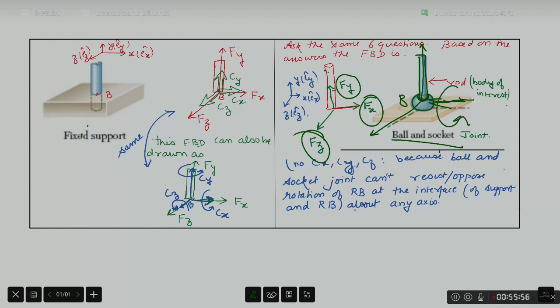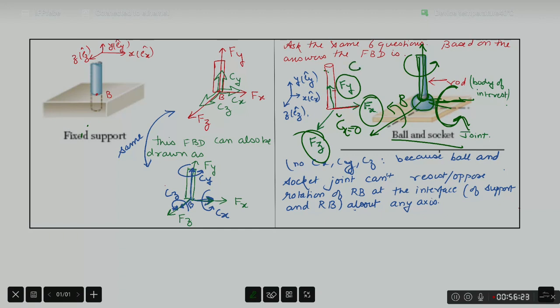Cx is 0. I have not drawn any Cx here. Same answer to the question you asked about rotation about y-axis and rotation about z-axis. His answer will be no, and that is why Cy and Cz need not be put on this RB. They are known, they are zero, trivial, not important. In this case, the reaction force system introduces only three scalars.